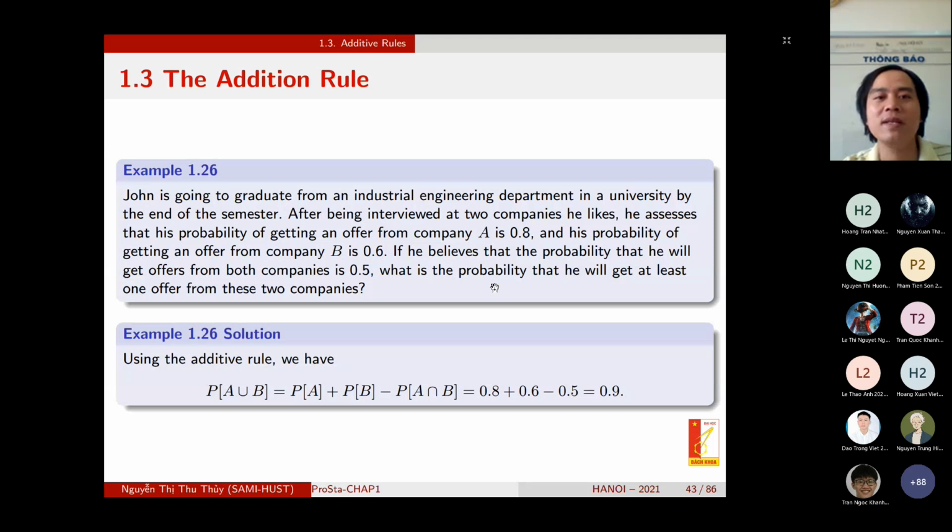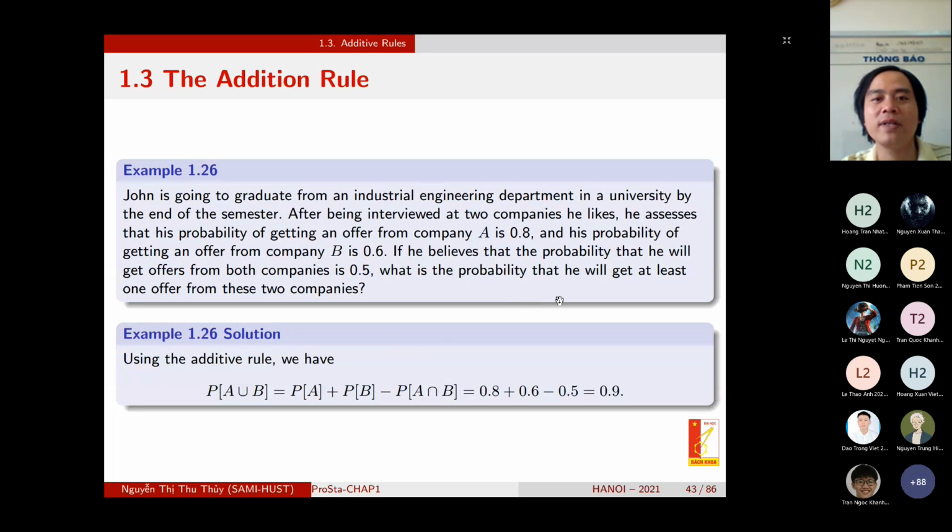And we call B the event that he gets an offer from company B, so PB is equal to 0.6. And the assumption that he gets offers from both companies is 0.5, so that is probability of A intersection with B is equal to 0.5.